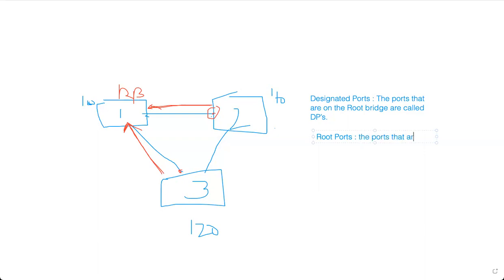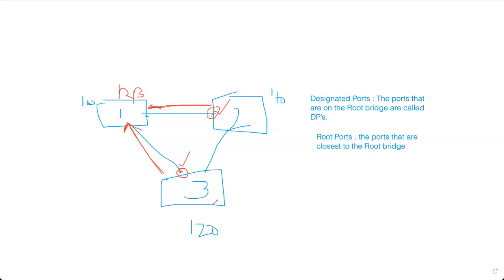Ports that are closest to the root bridge, that is called a root port. So in this case, what is the root port, guys? This one is the root port. This one is the root port.